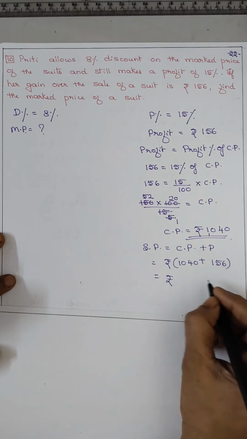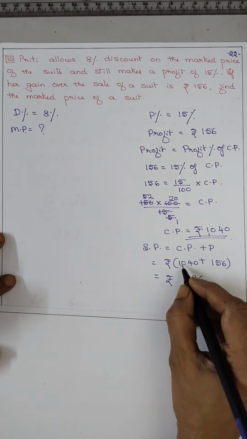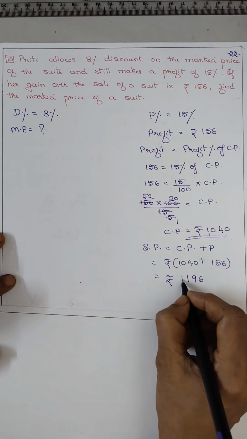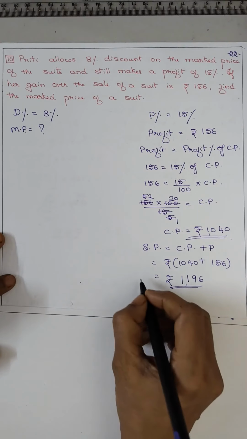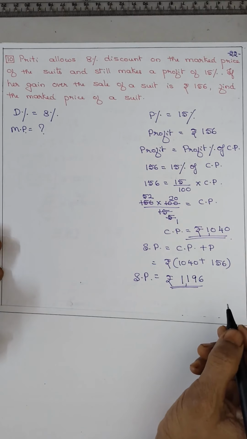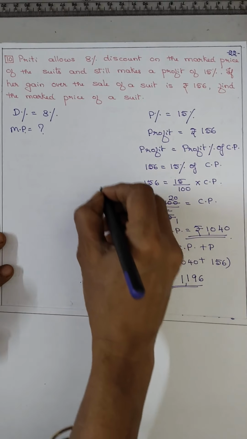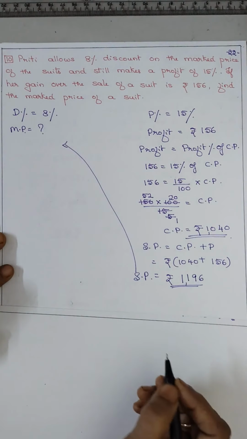That is 0 plus 6, 6, 4 plus 5, 9, 1 plus 0, 1 and 1. So now you got SP 1196.